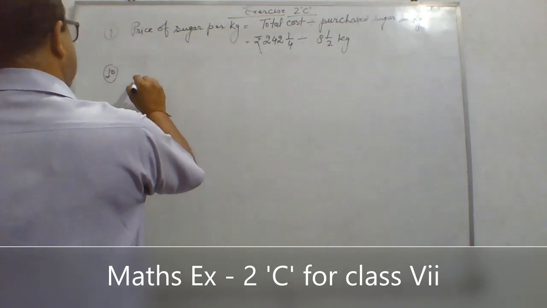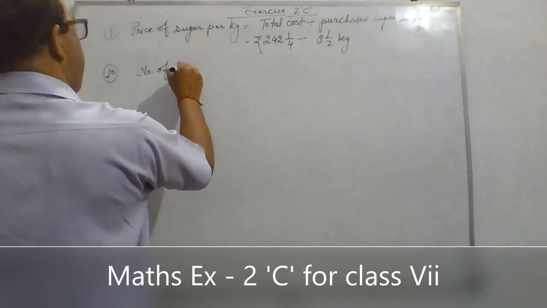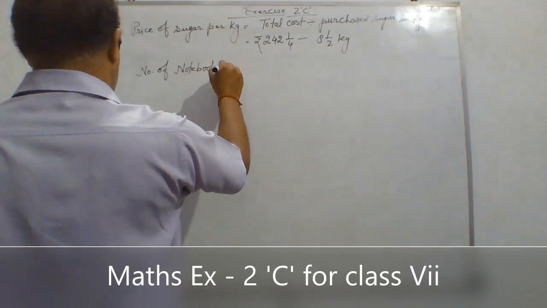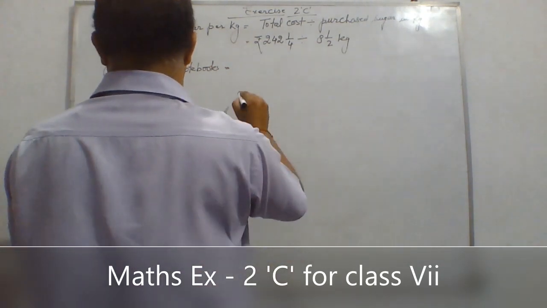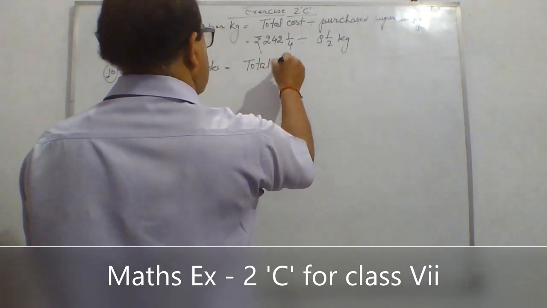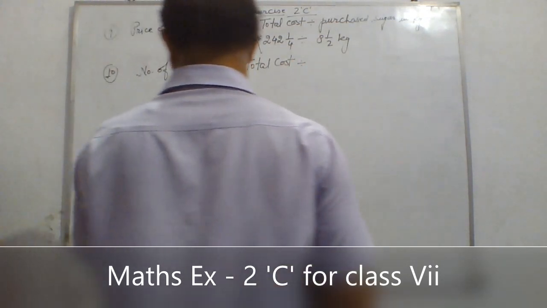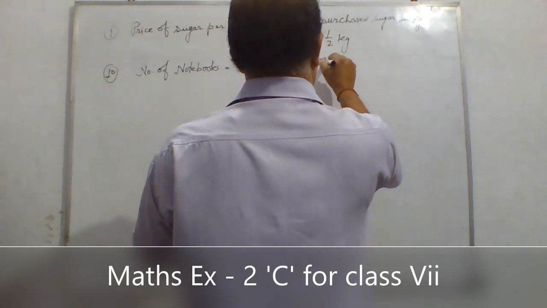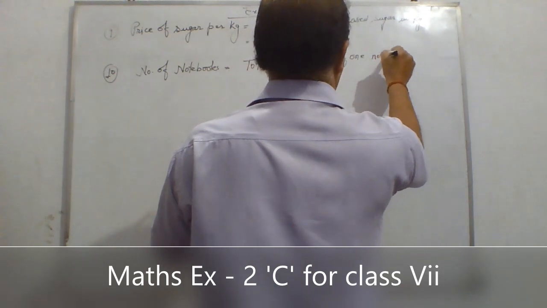Number of notebooks is equal to total cost divided by cost of one notebook.